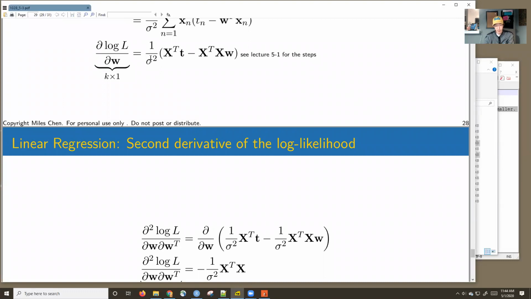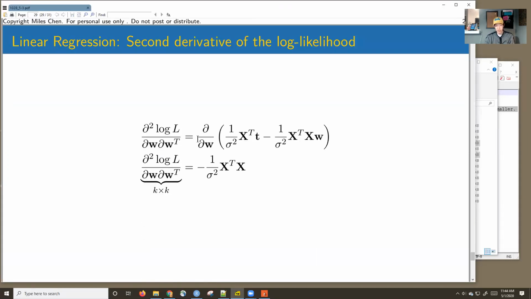I distribute the 1 over sigma squared, so I've got 1 over sigma squared x transpose t minus 1 over sigma squared x transpose x w. I'm going to take the Jacobian of this thing, because this thing is a vector, and I want to take the derivative of that. So I want the Jacobian matrix of this vector, or the Hessian matrix of the original log likelihood. When we do that, I'm going to get a k by k matrix.